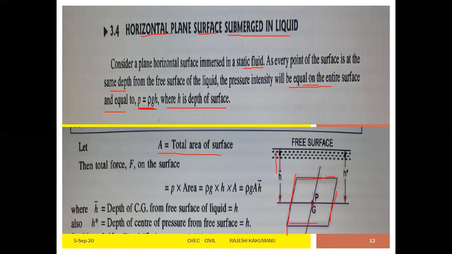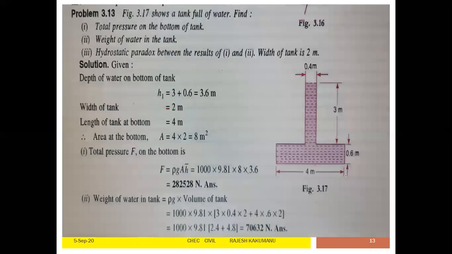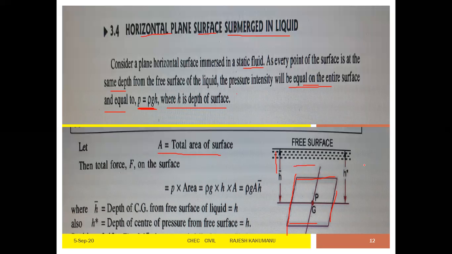The object, if placed straight, will not be clear, so in the figure it is shown slanted in this direction. Now, whenever the object is flat, P and G lie at the same point. So H bar and H star are equal. Now see the total area. A is equal to the total area of the surface.